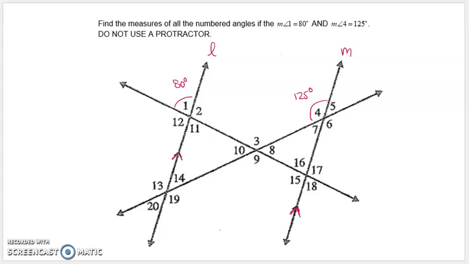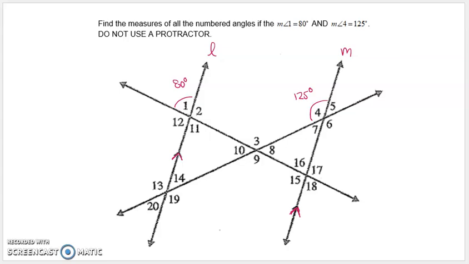So I'm going to walk through how I would do this using tools that we've established in class. First of all, some tools that weren't even listed in this video, but that we've established before this video and in prior videos. Angles 1 and 2 form a straight angle, so they are supplementary.